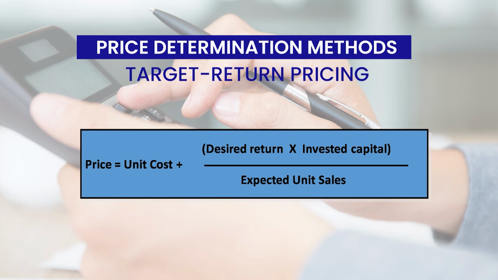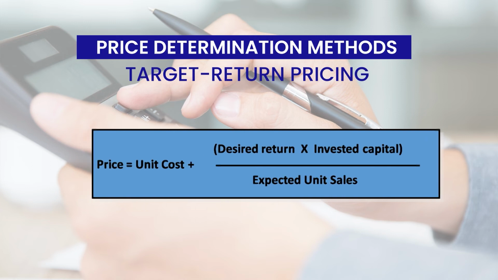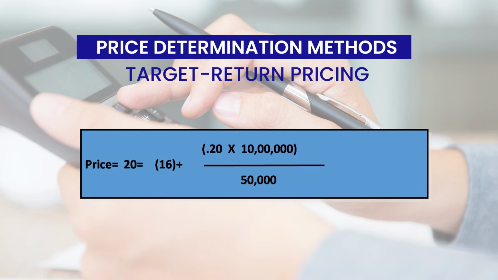Let us clarify this with the help of an example. Suppose target pricing is what you are trying to do. And if the unit price is 16 rupees, and if you are expecting 20% return, and if your invested capital is about a million, 10 lakhs, then 16 plus 0.2 multiplied by 10 lakhs divided by 50,000.